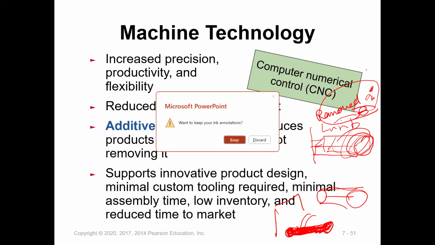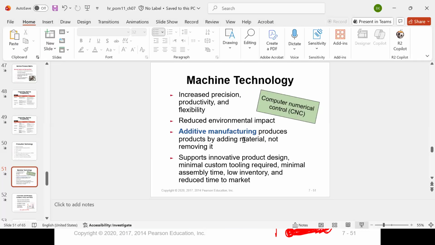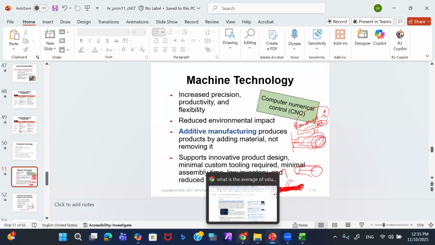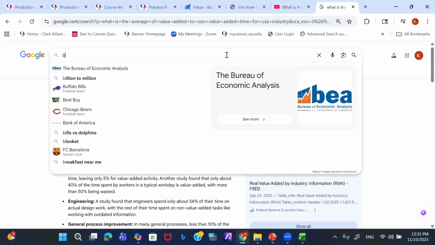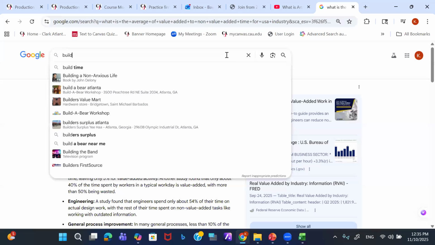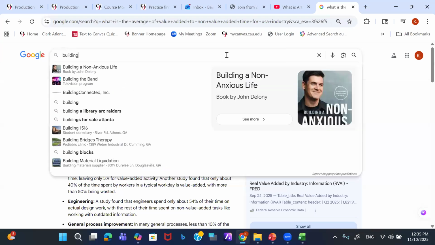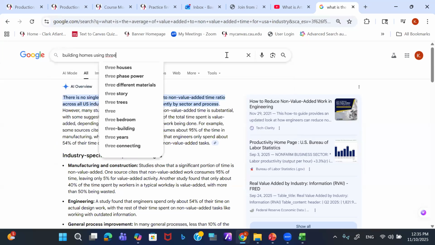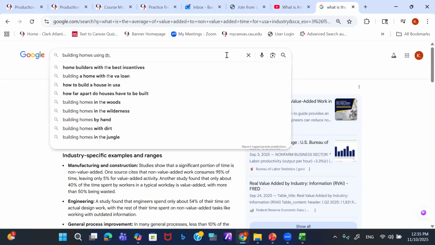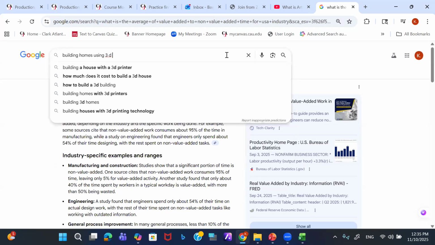They are building homes with 3D printers. Let me show you the example here. I saw many. This is not new, building homes using 3D printing.